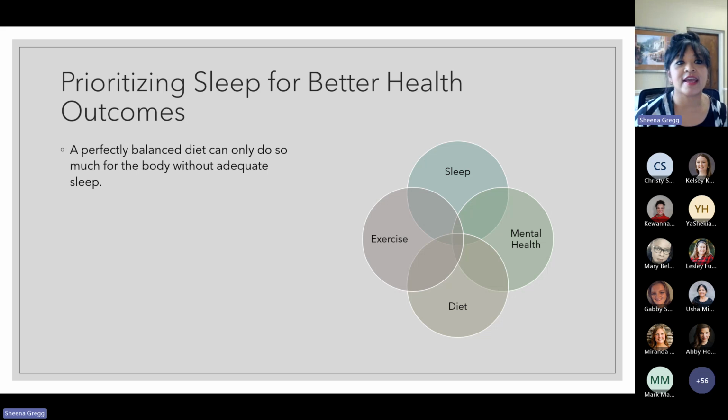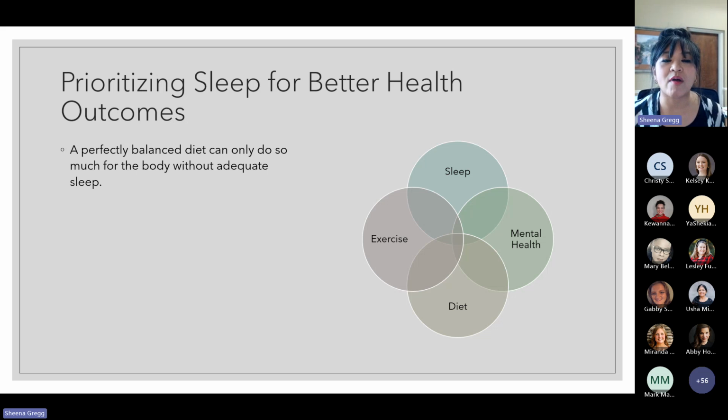So, when we think about really prioritizing sleep for our overall health, and what we need to be working on in terms of improving our overall well being, it can be very easy to just focus on nutrition or maybe just the movement piece. But sleep is going to be part of that as well.